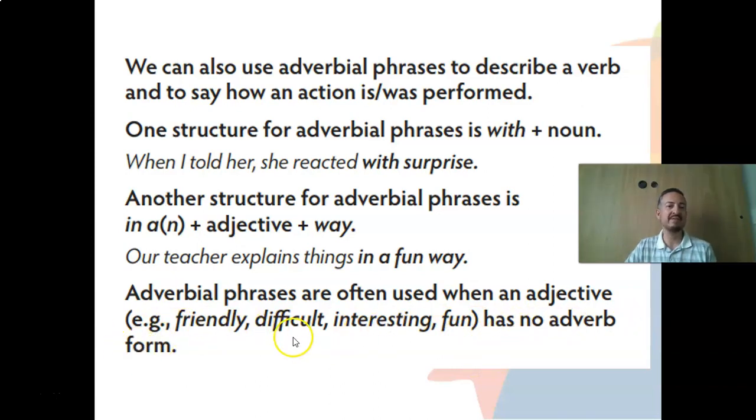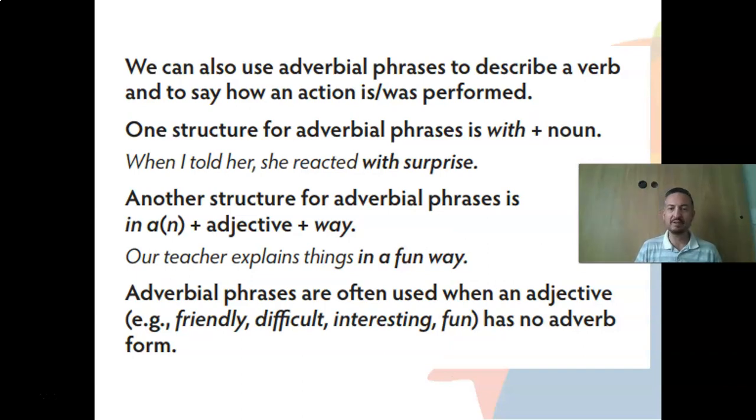So if you don't have an adverb form for this, as here with fun, and we want to modify a verb, we have to use an adverbial phrase instead of just one single adverb. Okay? Well, let's see here.